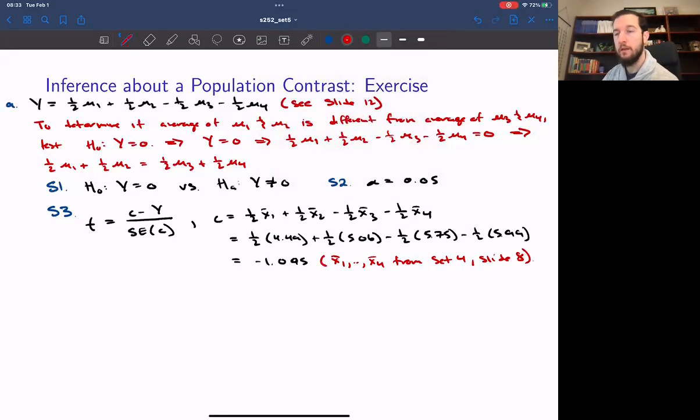So the means that I'm using here are from the previous lecture set. I just forgot to write them down in the notes. You can see little c is an estimate of gamma. All we're doing is taking the structure of gamma and replacing mu with x bar. So now we have an estimate for gamma.